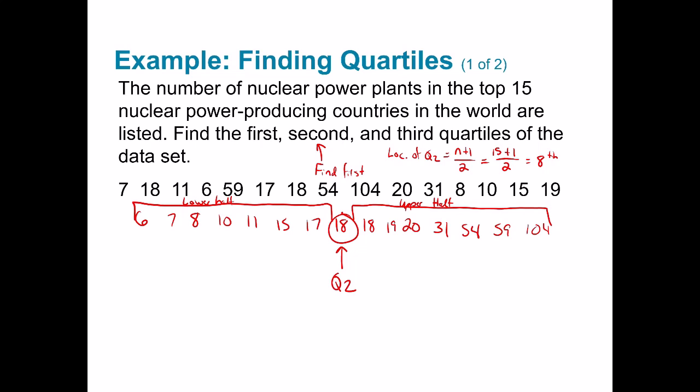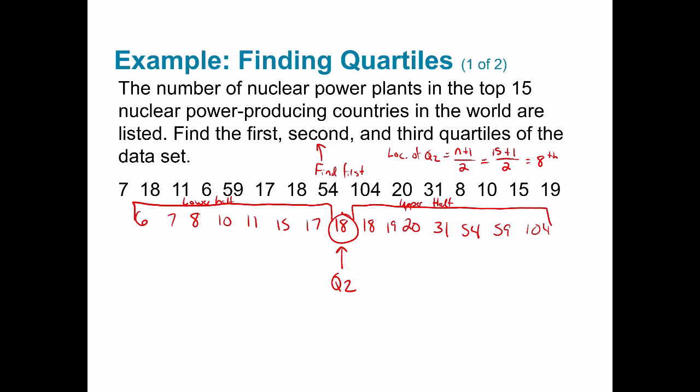Think of your median as a fence or a wall. That fence is not in either yard, or that wall is not in either of the 2 rooms on either side of it. It's there as a divider. So the median acts as a divider. It's not a part of either half of the data set.